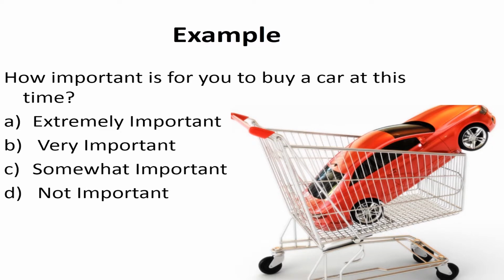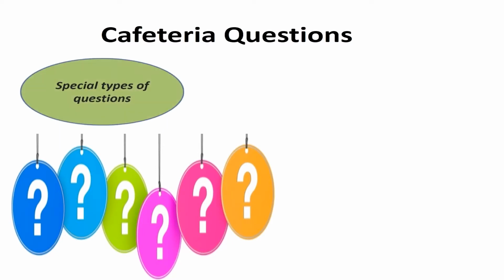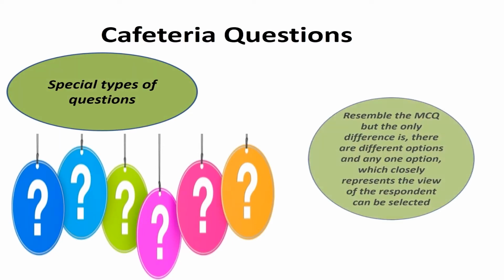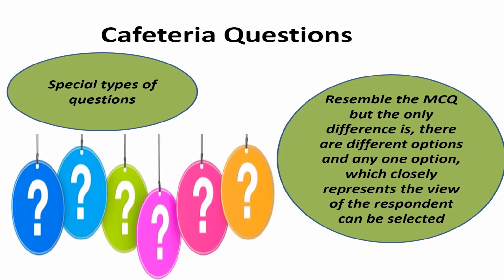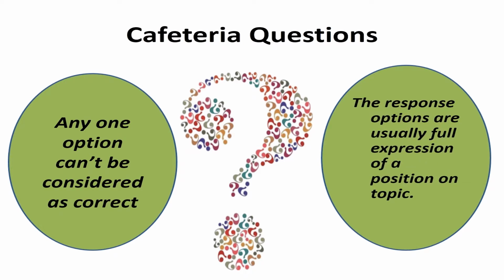The next type of questions are cafeteria questions. These are special type of questions which can resemble the multiple choice questions, but the only difference is that there are different options and any one option which is closely representative of the view of the respondent can be selected. So, here we cannot consider any one option as correct. The response options are usually full expressions of a position on topic.